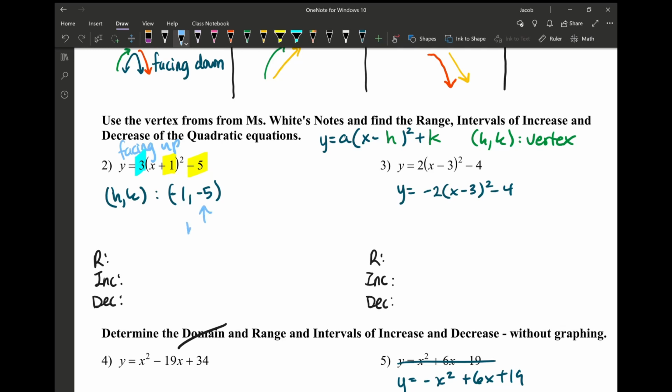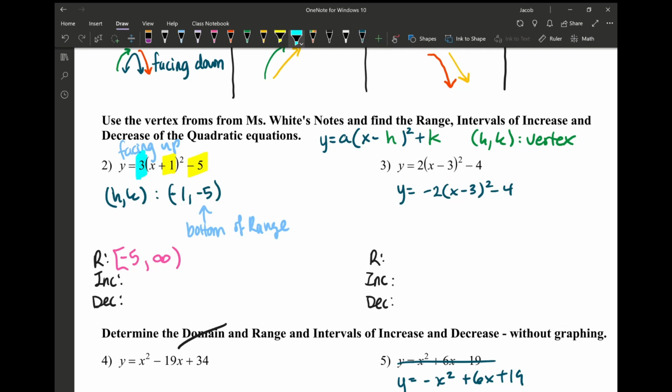So my range is going to be -5 included, and then towards infinity, because I'm looking at my a value again. My a value is telling me I'm facing up, so I know that I'm going to infinity.